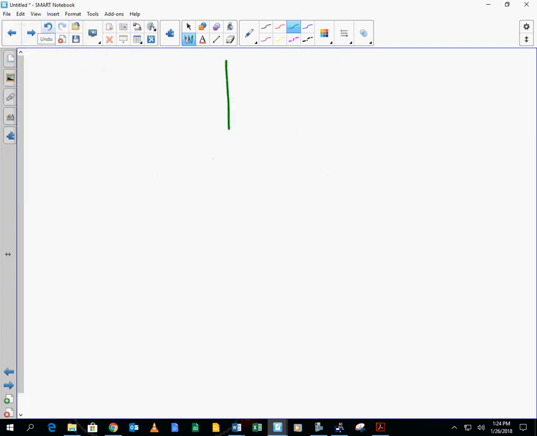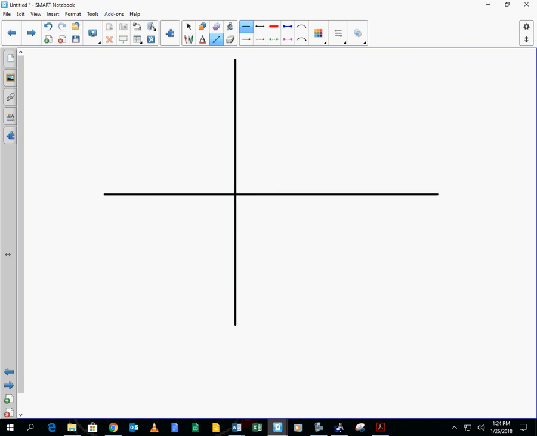So we need to draw a coordinate plane, okay? So I'm going to draw a straight line. And I'm going to remind myself that sine of theta in the unit circle is y, cosine of theta in the unit circle is x, and tangent of theta in the unit circle is y divided by x.